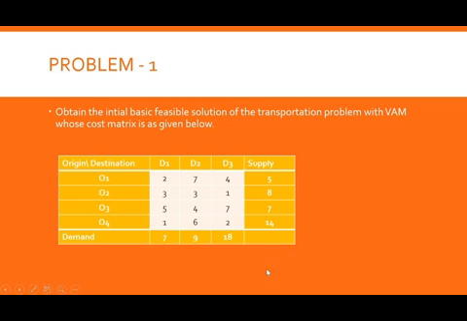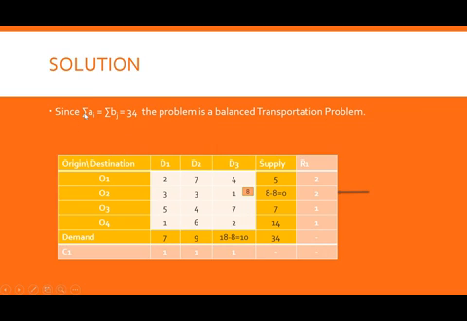We know that the totals will match and it is 34. Okay. So that has been written here. Since summation ai and summation bj is equal to 34, the problem is a balanced transportation problem. So I'll put one additional column and one additional row for row penalty and column penalty.